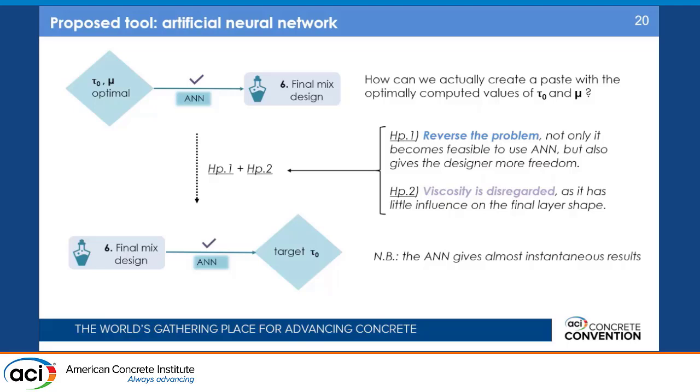So the neural network here is used as a very fast tool that can help us to assess a certain mix design, so that the designer can use it, make some attempts until he finds a certain composition which goes very near the yield stress that we want.